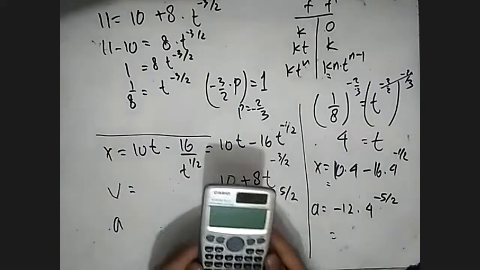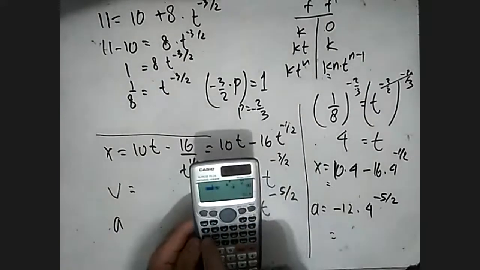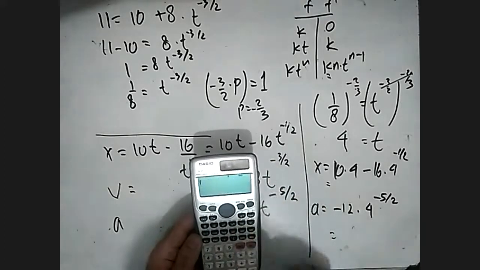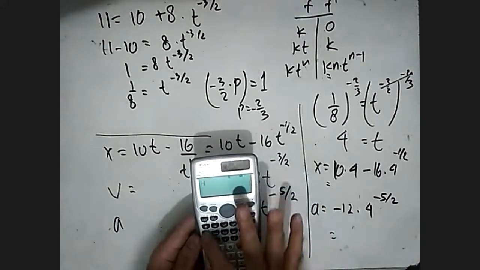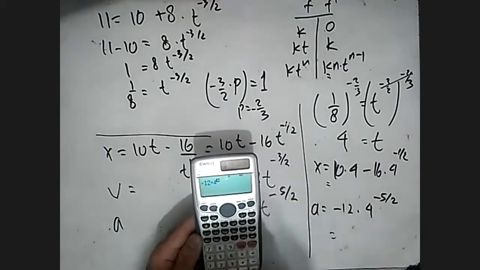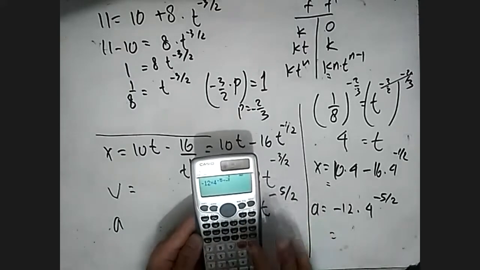In your calculator, you can simply put them as they are. You need to change back into the model number one, computing. So put minus 12 times 4 to the power of, minus 5 over 2.